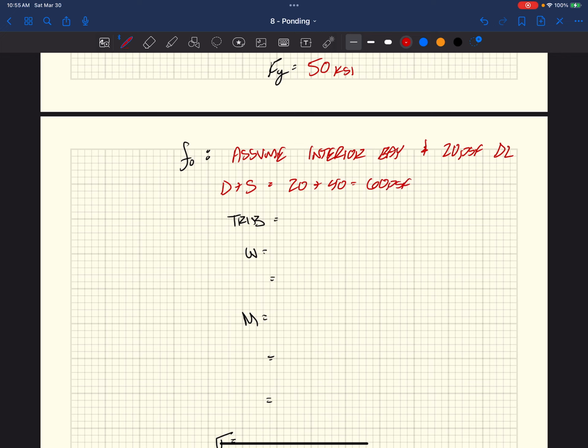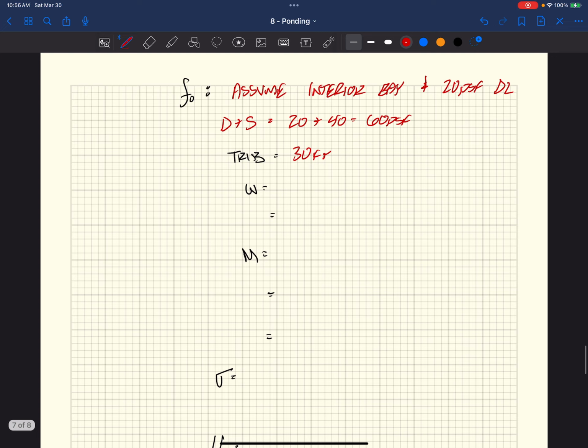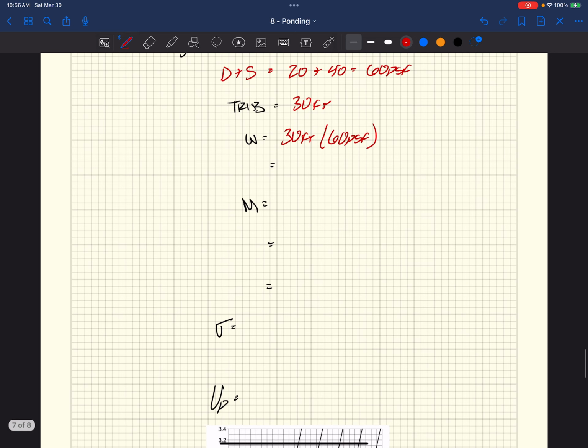Our tributary width, well, our joists are framing in the 30-foot direction, so we get 30 over 2 times 2, or 30 feet. Our uniform load is going to be 30 feet times 60 psf. That gives us 1,800 pounds per foot.